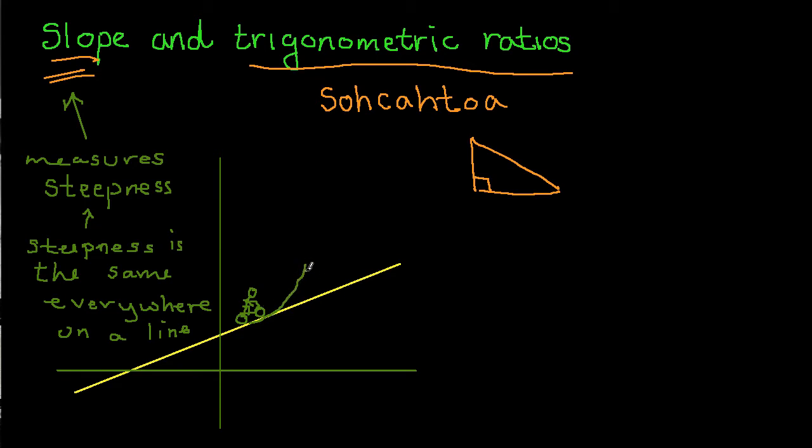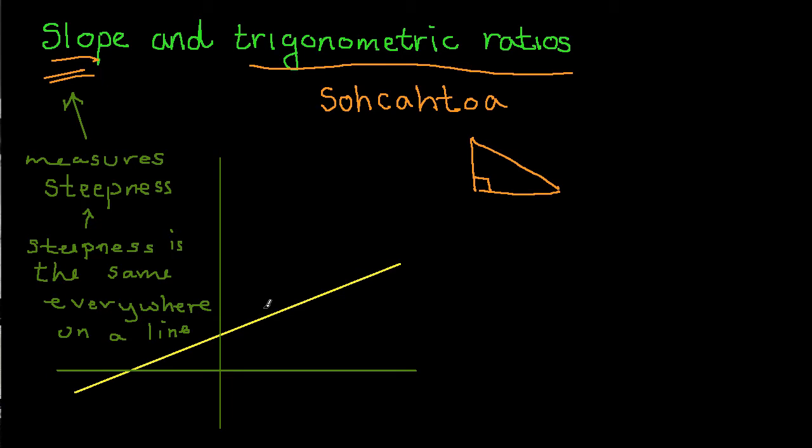Oh wait, maybe I can, because after it curves off, actually it starts going down. So here the steepness, the slope, is changing. This is called a curve. This straight line means that the slope never changes.